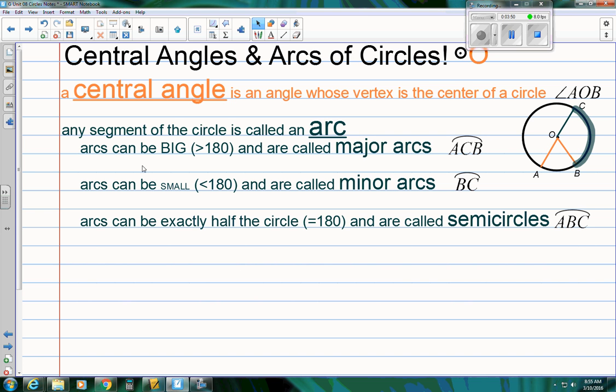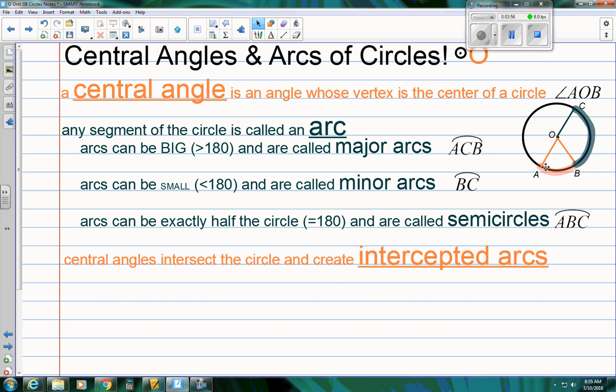Okay. All right, so we've got angles and we've got arcs, and how are they related to one another? Well, central angles, in case you hadn't noticed, intersect the circle and create what we call intercepted arcs. So angle AOB right here created a minor arc AB, also known as BA.